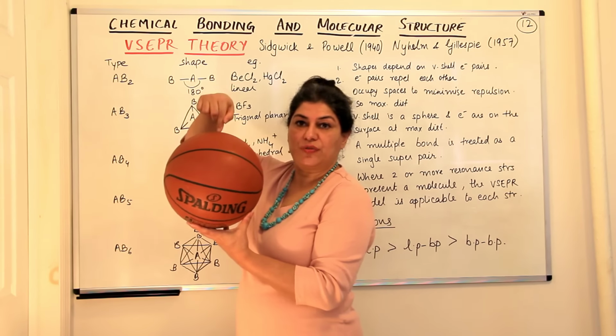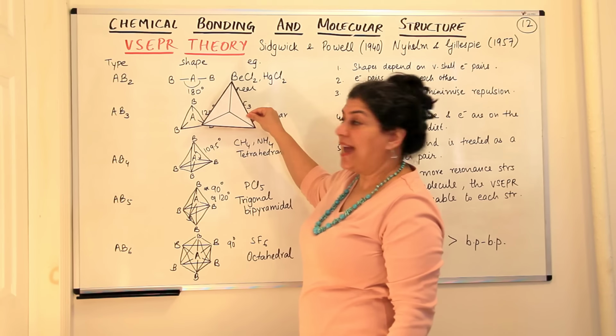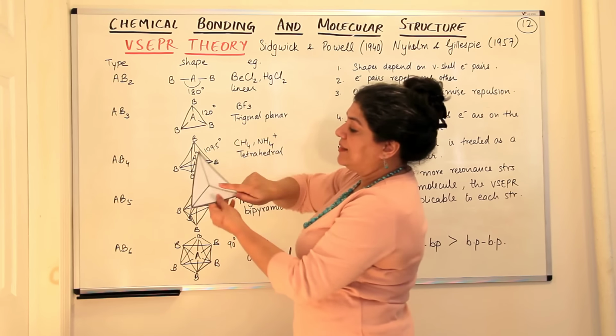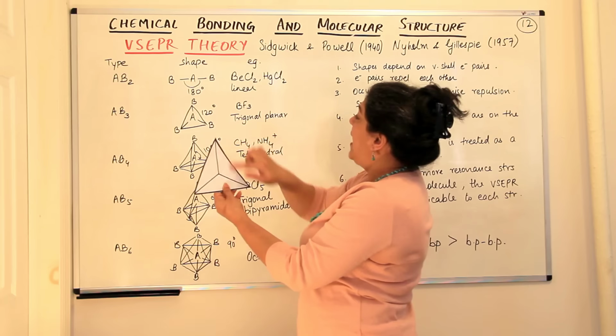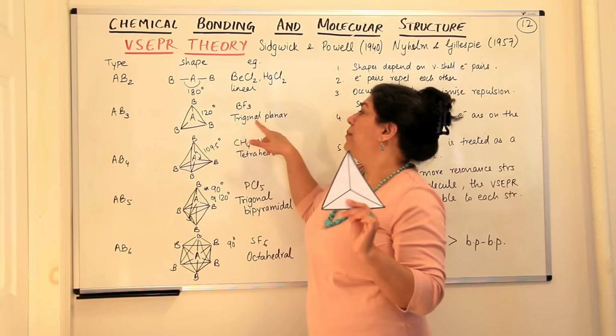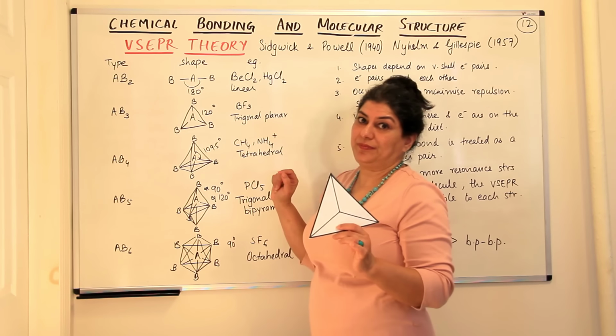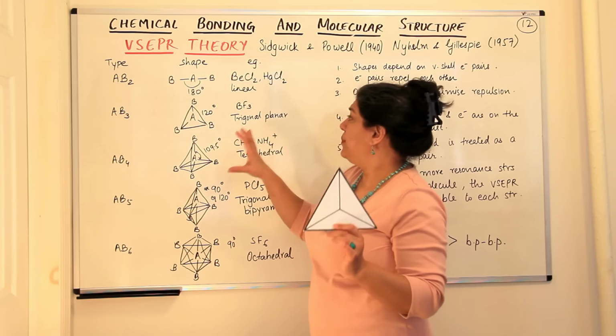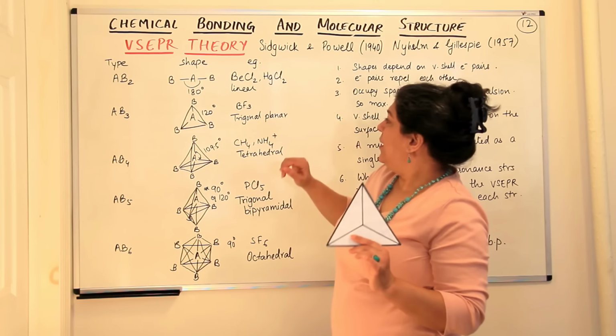If this is the central atom, then three atoms should be along the three corners of a triangle, and each angle is 120 degrees, and the central atom is here in the center. Such a shape would be called a triangular planar structure.